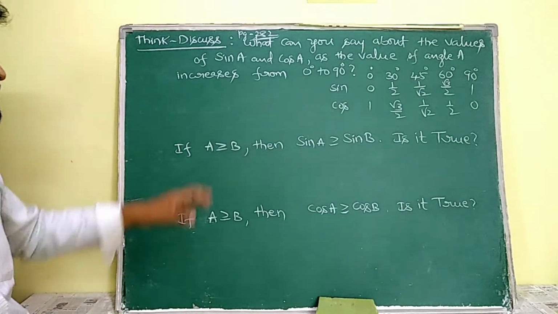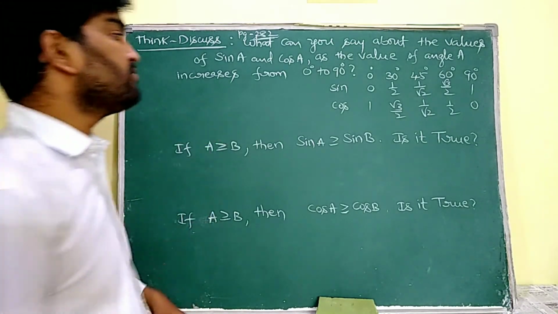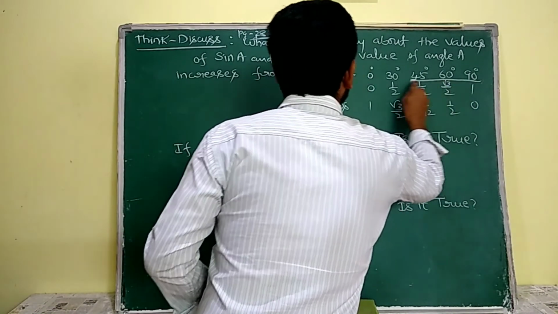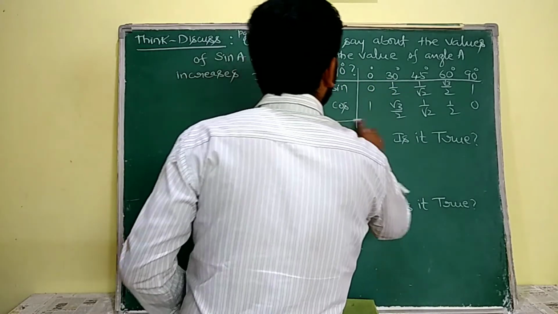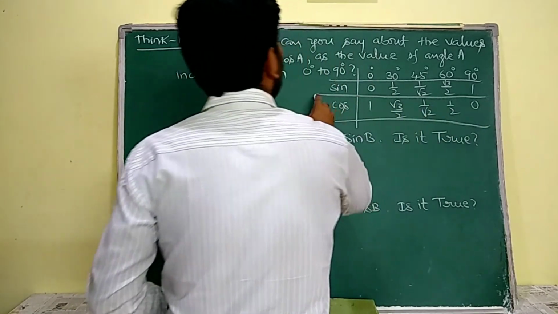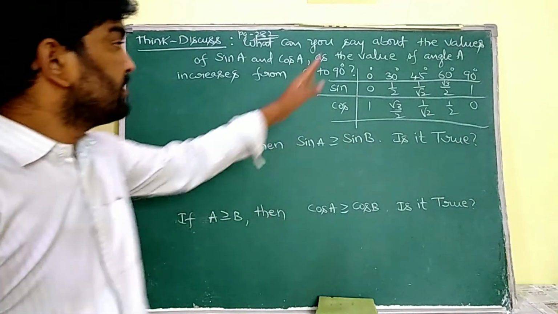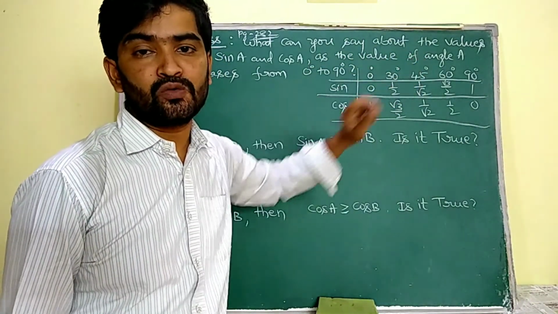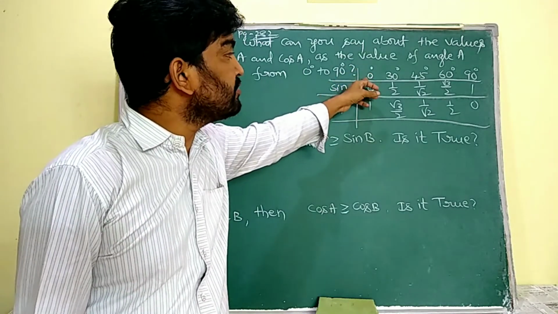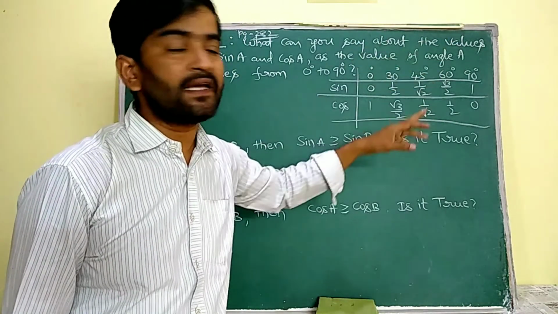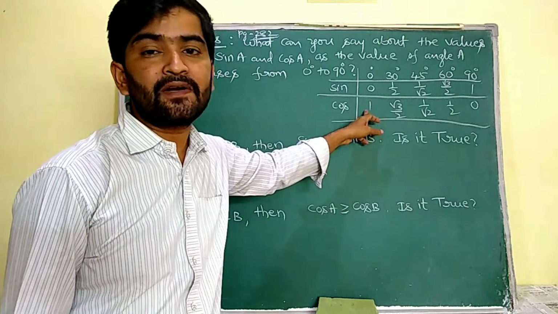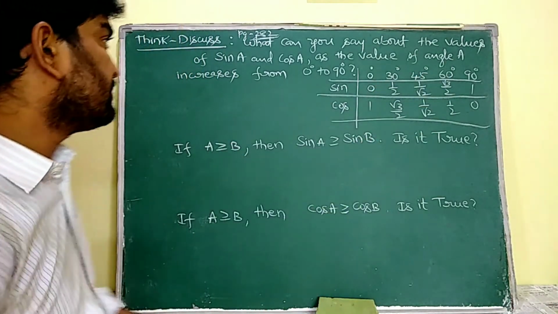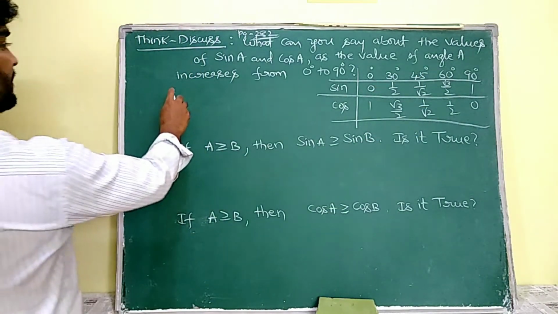By observing sin and cos values for the given specific angles from 0 to 90, as the angle increases from 0 to 90, sin values increase from 0 to 1. As the angle value increases from 0 to 90, cos values decrease from 1 to 0. That we have to write here ma.